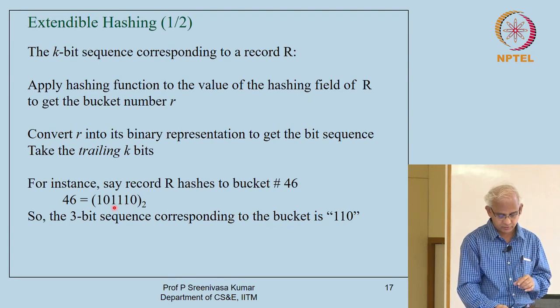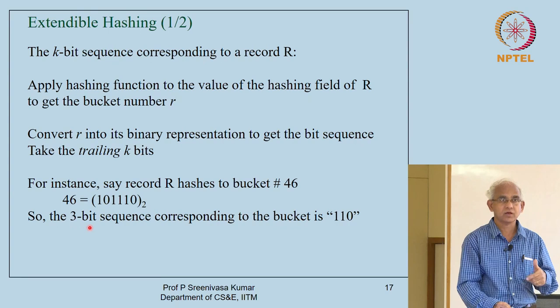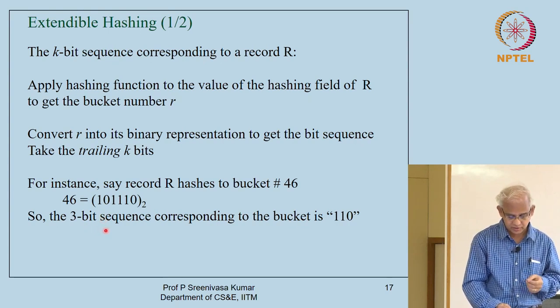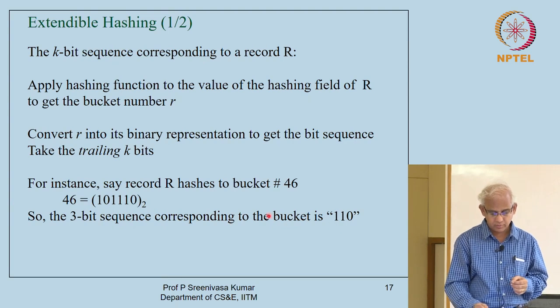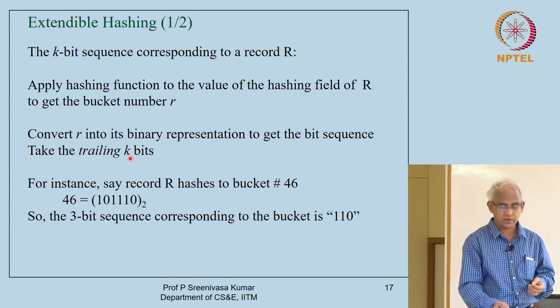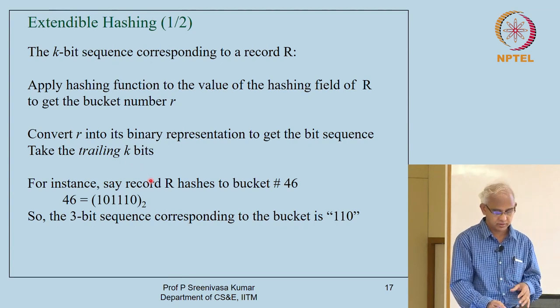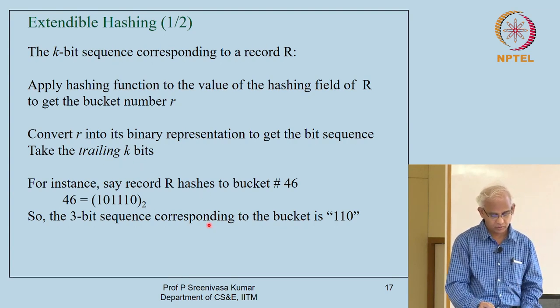A 4 bit sequence of course will be 1110, but depending on the requirement we will be using a d bit sequence corresponding to this bucket. The important thing to remember is that in this class we are taking trailing bits, trailing k bits. Okay.